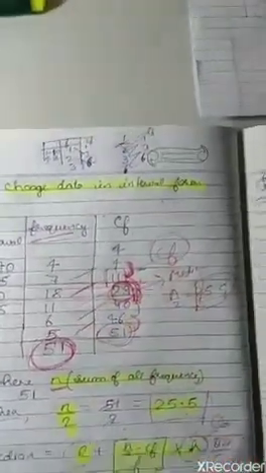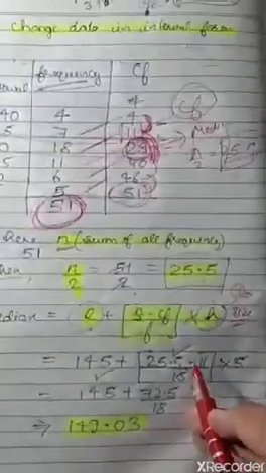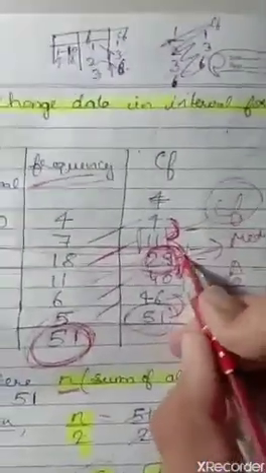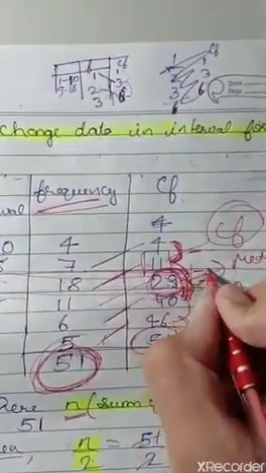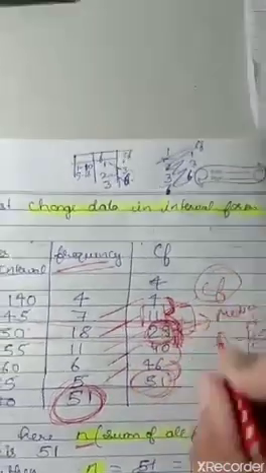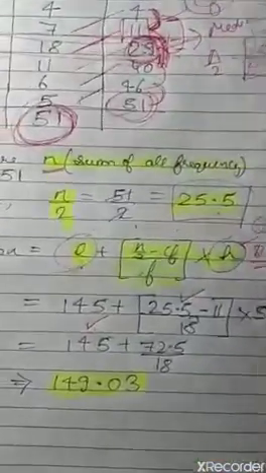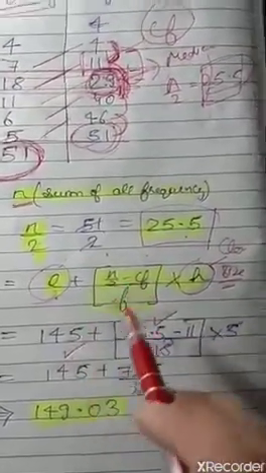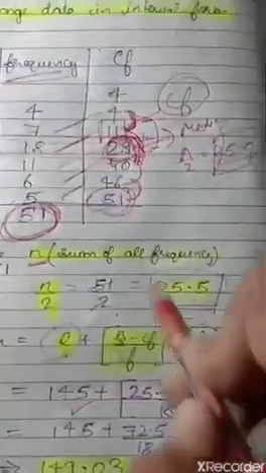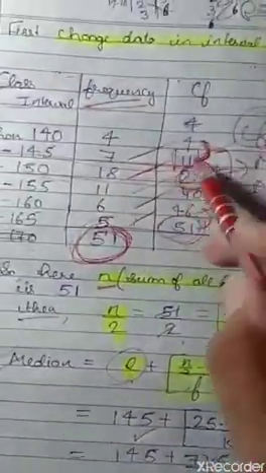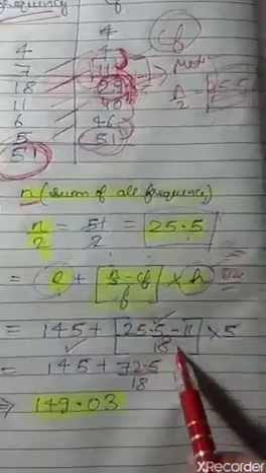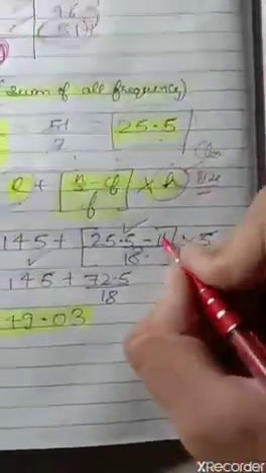CF means cumulative frequency. Remember this, this is very important. जो आपने मीडियन क्लास लिया है उसके ऊपर वाला जो नंबर है, that will be taken as cumulative frequency. So N by 2 minus CF, CF here is 11. So 11 we have put it here. So this step is also clear.